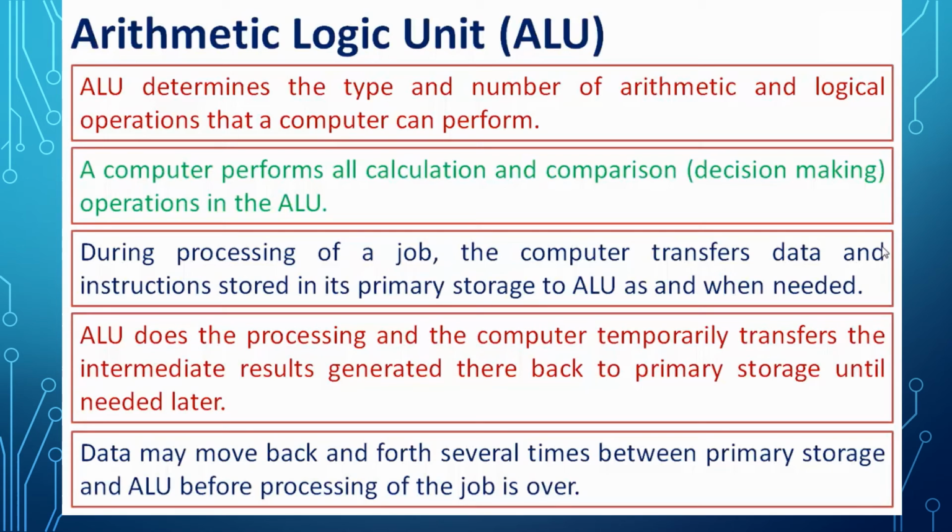The ALU does the processing and the computer temporarily transfers the intermediate results back to primary storage until needed later. Data may move back and forth several times between primary storage and ALU before processing of the job is over.